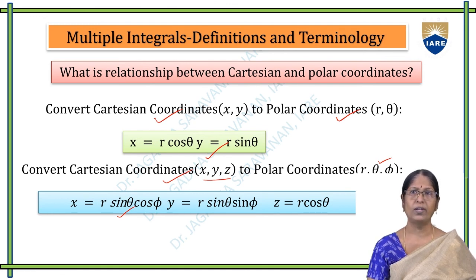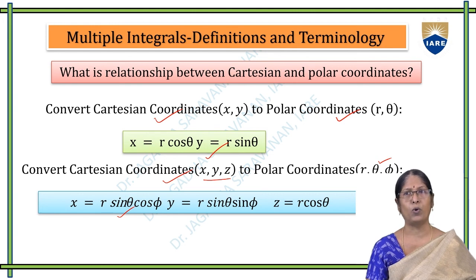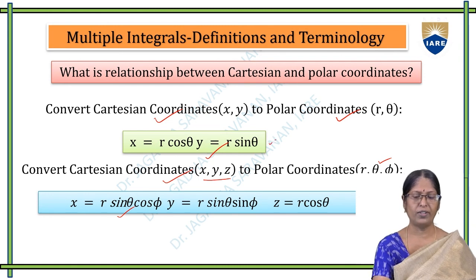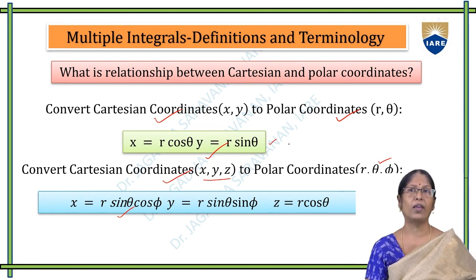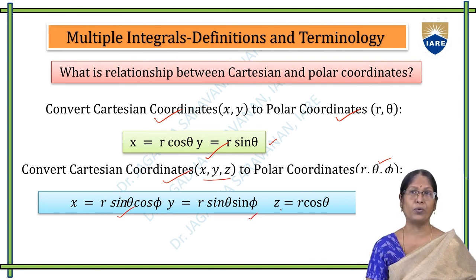This is also the same Jacobian approach to convert dx, dy, dz into polar form. Already we discussed how dx dy is converted into r dr d theta. In a similar manner, here also we have to use the Jacobian for the conversion.